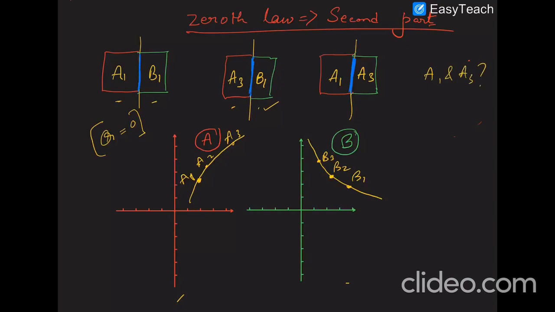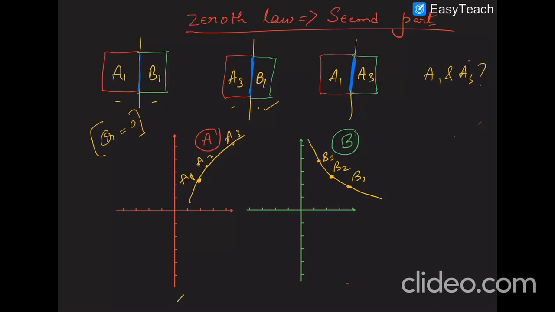Using the transitive property, we say A1 and A3 are also in thermal equilibrium. They are also isothermal states.